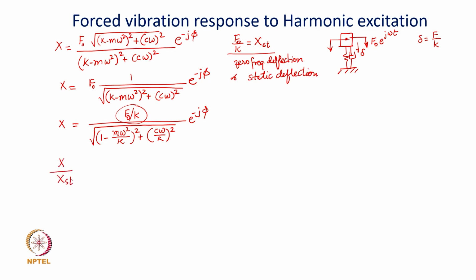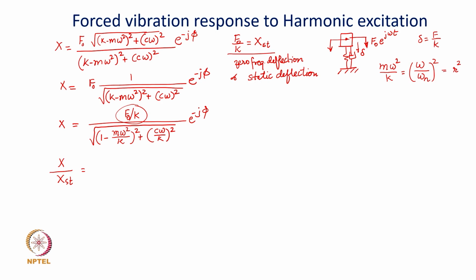So, I will now take this as a ratio, and I will make a few more simplifications in the denominator. What is m omega square over k? This is going to be omega over omega n whole square, because k over m is omega n square. So, I will call this ratio R, which is very typically referred to in all your textbooks.